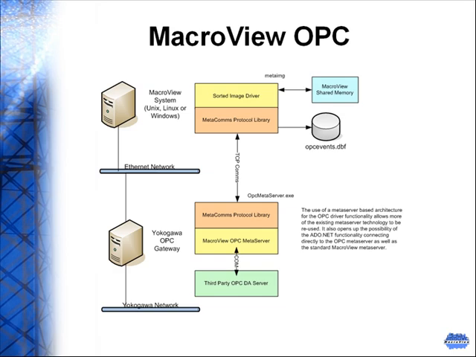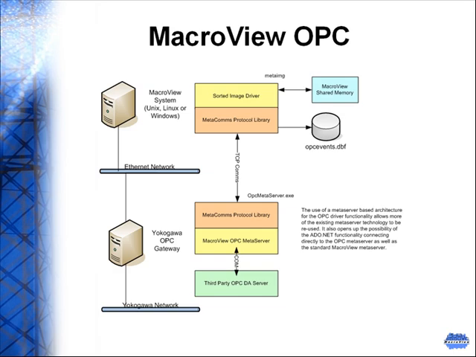But the point of it is that we're leveraging that reusable layer in this scenario as well. So we've got an OPC metaserver running on a Windows machine, and on the Unix side there is a driver called meta image, a sorted image driver that queries a metaserver, whether it's an OPC metaserver or a standard metaserver, and asks for real-time values to update the shared memory on the MacroView system.